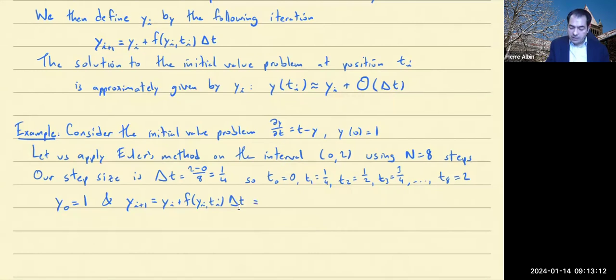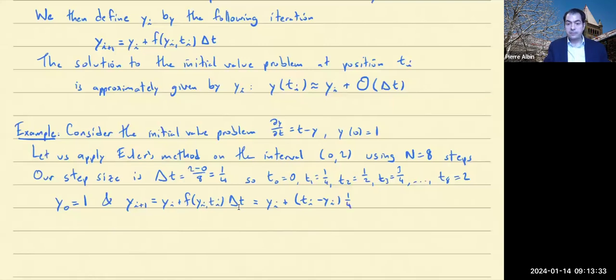In this case, f is just the right-hand side, so it would be t_i minus y_i, and then it gets multiplied by delta t, which is just 1/4.